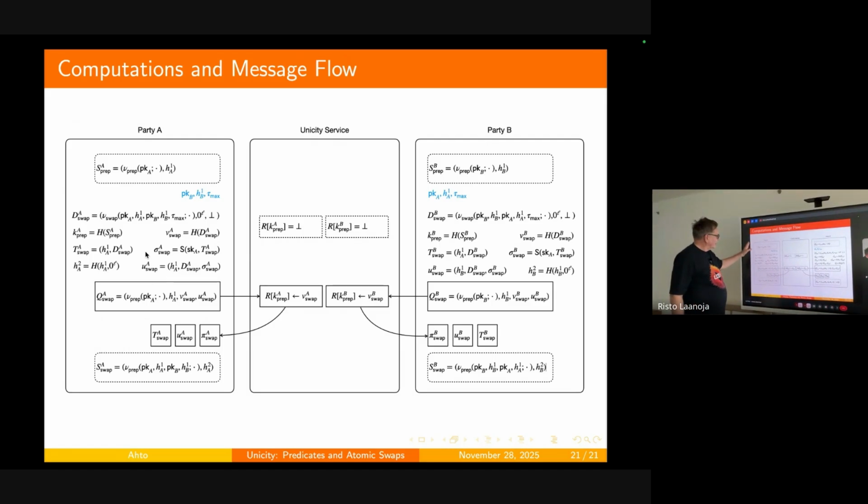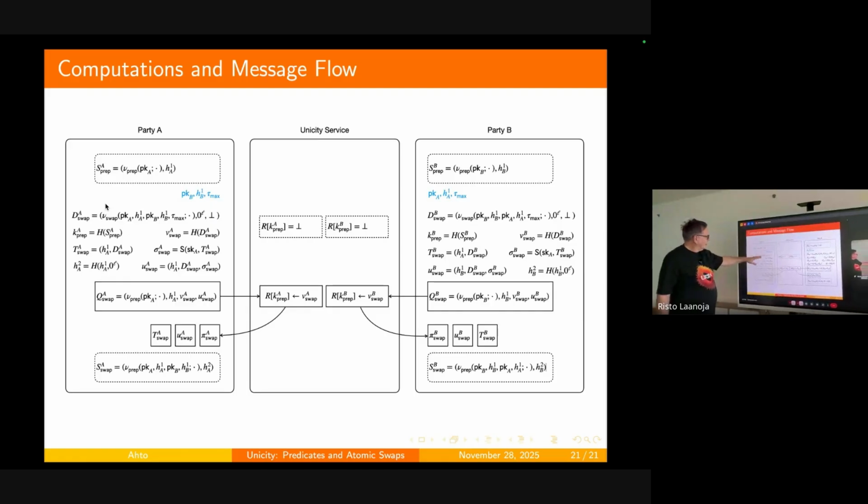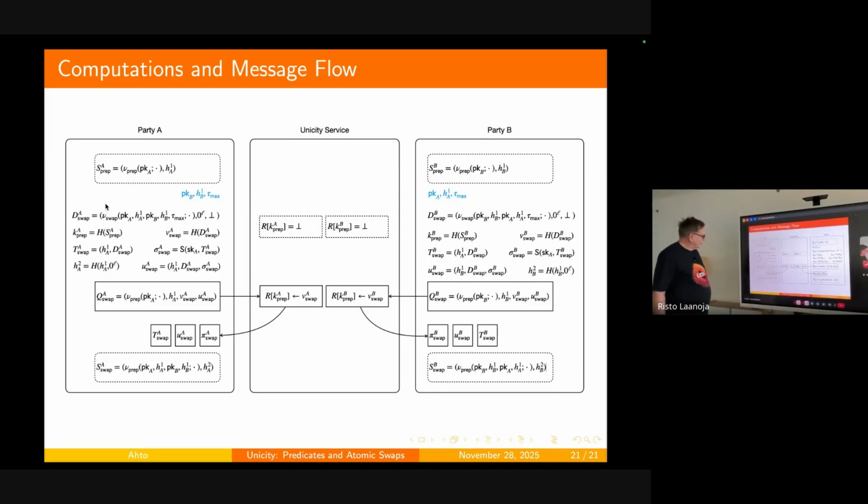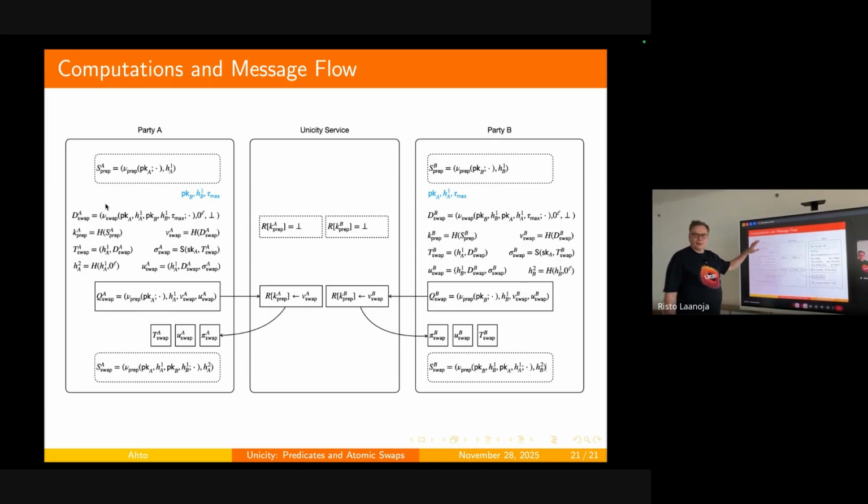I also added a slide where the whole message flow of the swap commit step is depicted: what party A computes, what is sent to the Unicity service, and how the next certified transaction is formed. We will not go through it in detail. You will have the slides, and you can examine this by yourself. Thank you for your attention.